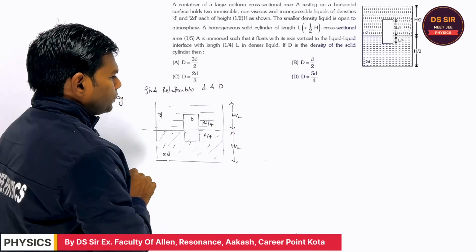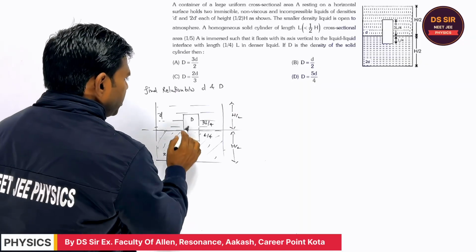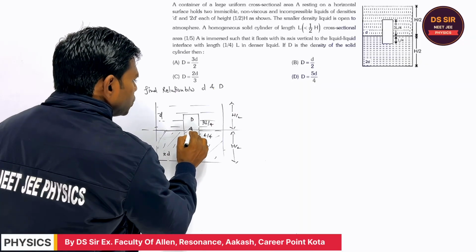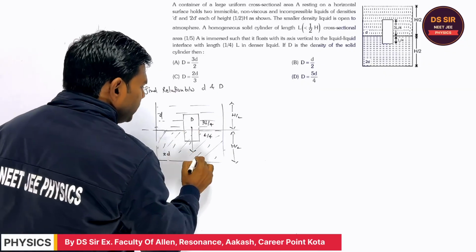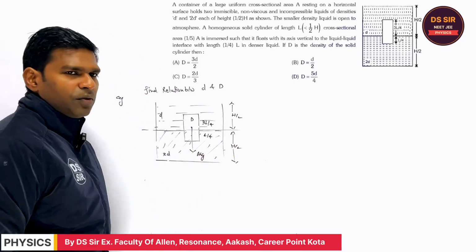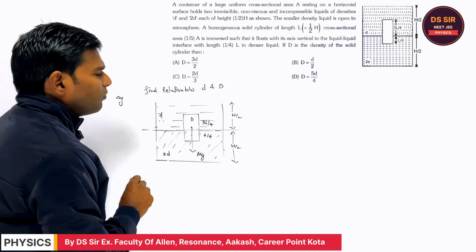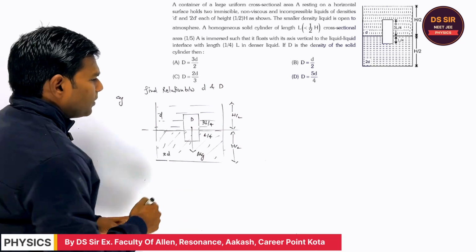So what to do? Tell me. If its density is D, so what is acting? The cylinder is in equilibrium, the force mg will be acting downward. And what else force will be acting, Varsha?